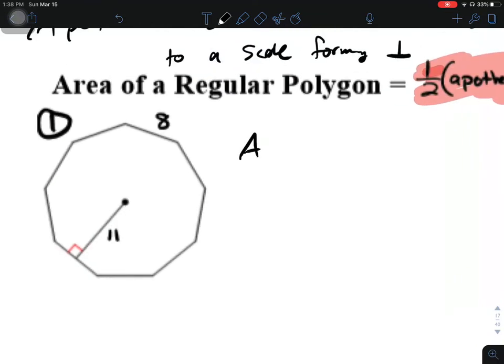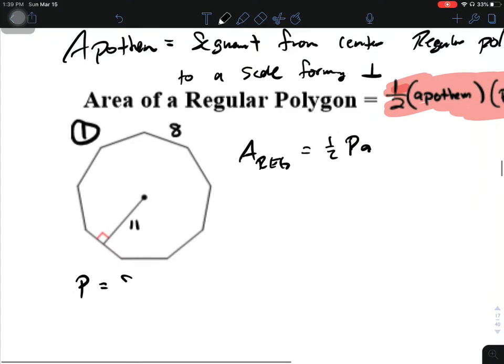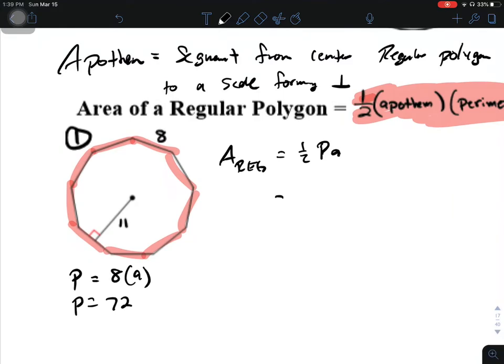Well, to find the area of a regular figure, it's 1/2 the perimeter times the apothem. The perimeter, in this case, is going to be 8, that's the length of one side, times the number of sides. It's got 1, 2, 3, 4, 5, 6, 7, 8, 9 sides. So the perimeter is 72.